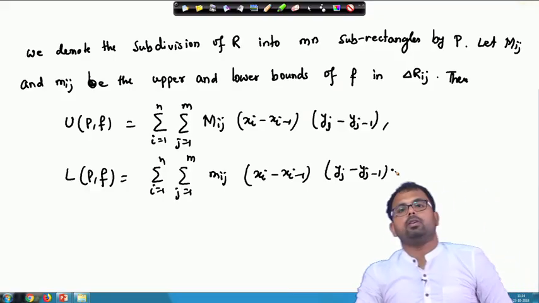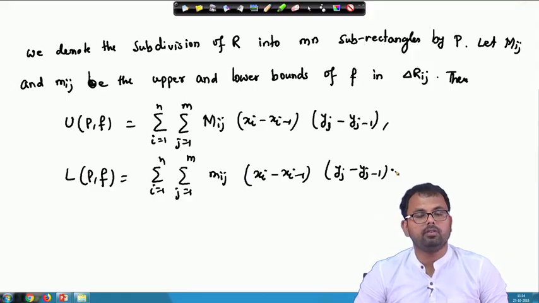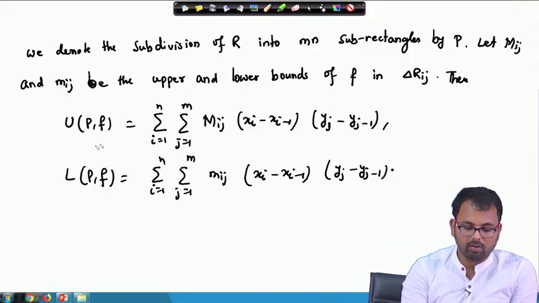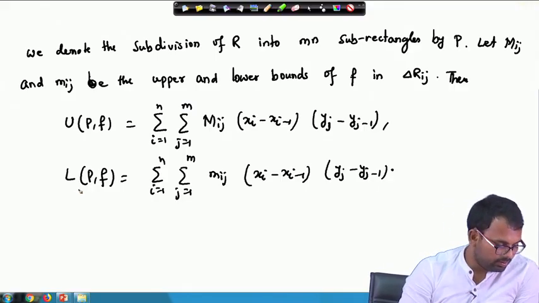So, these two are the upper integral sum and lower integral sum. Now, if you remember, for the function of one variable where we defined the integral, we actually took the infimum of all these upper integral sums. That gave us the upper integral, and then we took the supremum of all L(P,f), which gave us the lower integral.